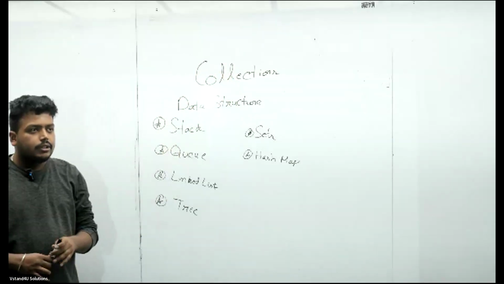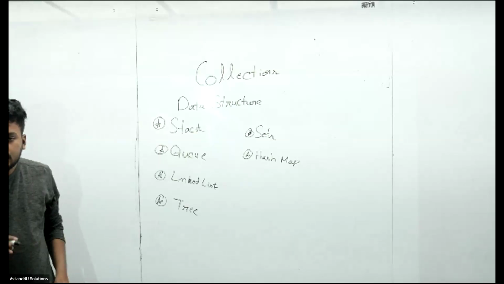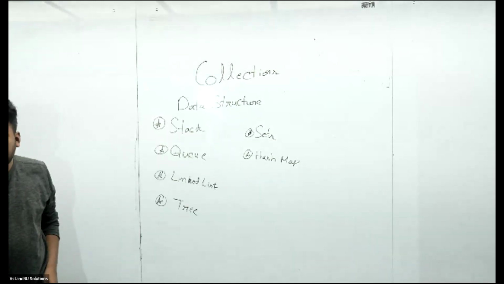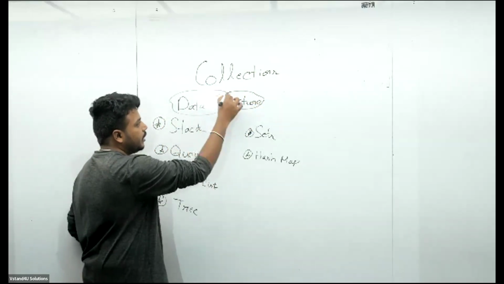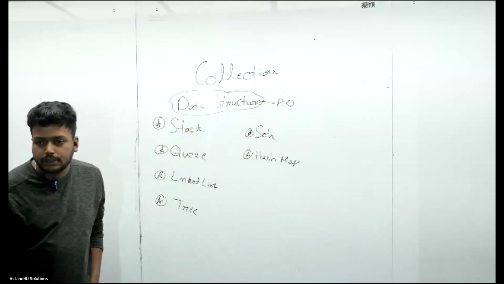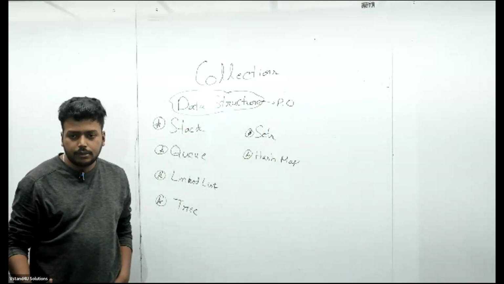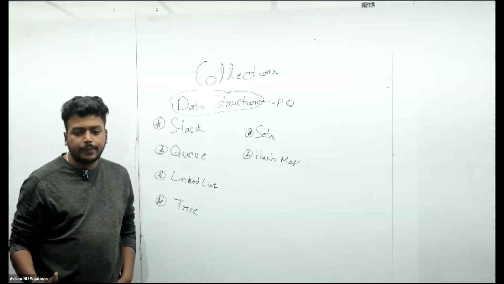Guys, if you learn data structure, you cannot learn 100% because data structure is like the Pacific Ocean. You know what the Pacific Ocean is? It is the biggest ocean in the world, no? Data structure is an ocean.